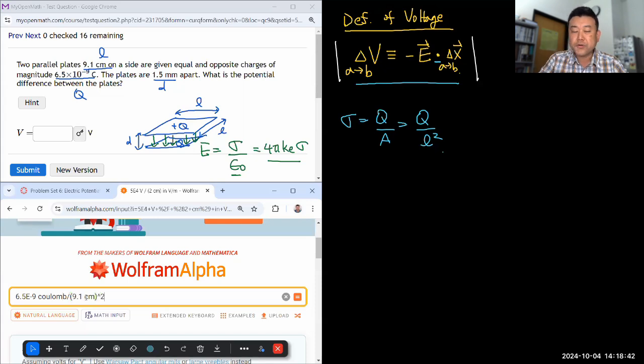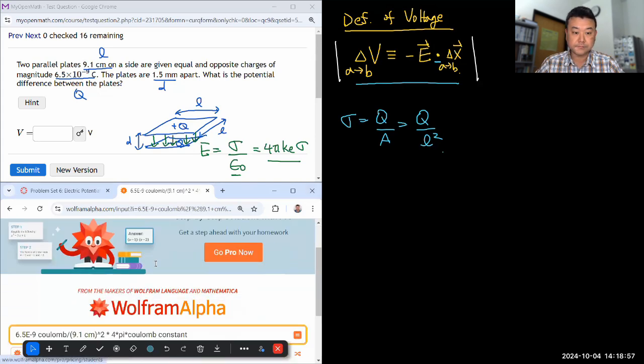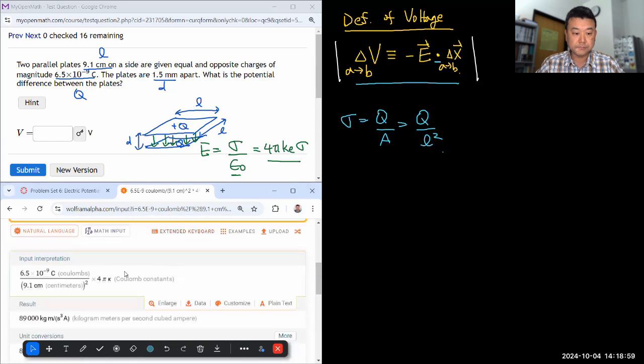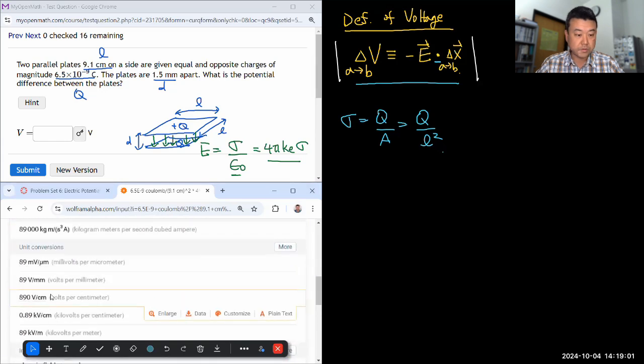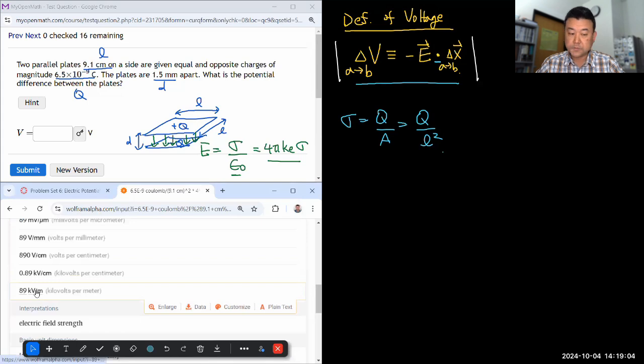Again, I'm not bothering to convert units because Wolfram Alpha will do it for me. That's the charge density, sigma. And all I have to do is multiply this by 4 pi Coulomb constant. And I should get something in volts per length. That is a unit of electric field.